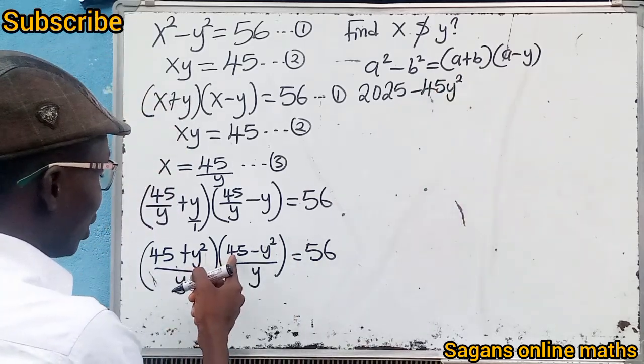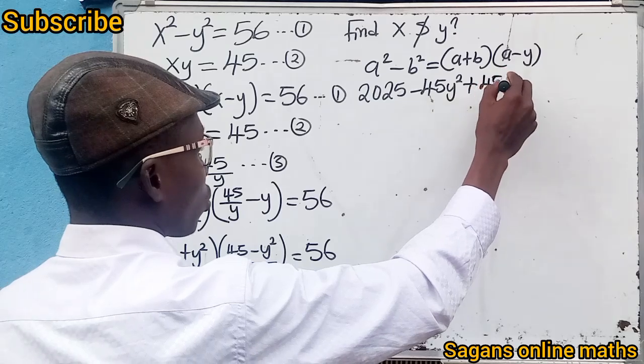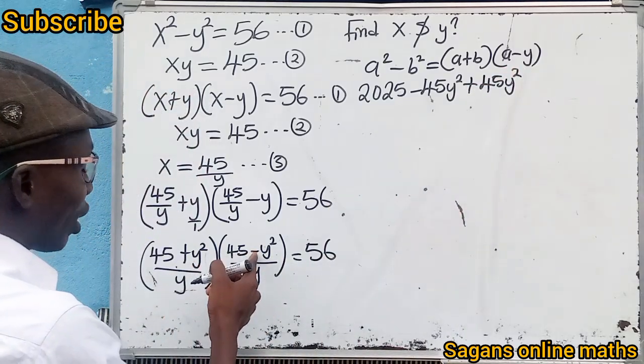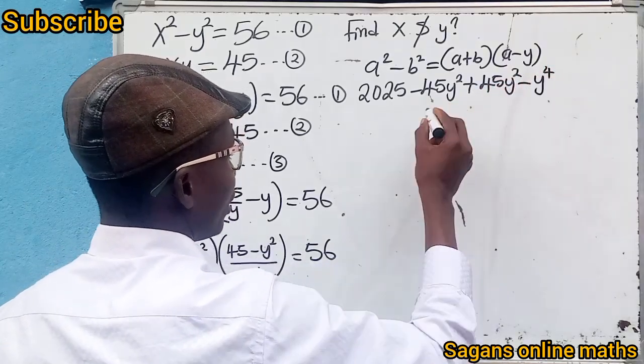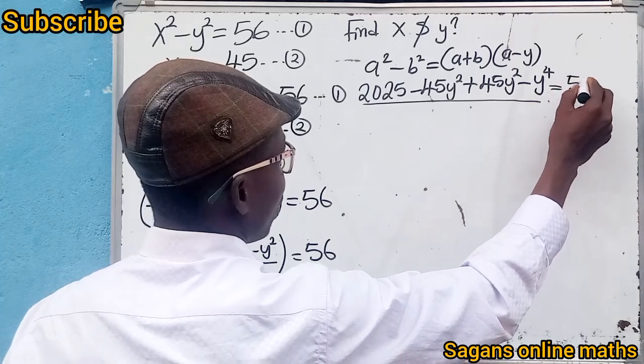Then y squared times 45 gives plus 45y squared. Then y squared times minus y squared gives minus y to the power of 4, all divided by y squared, and remember that this equals 56.